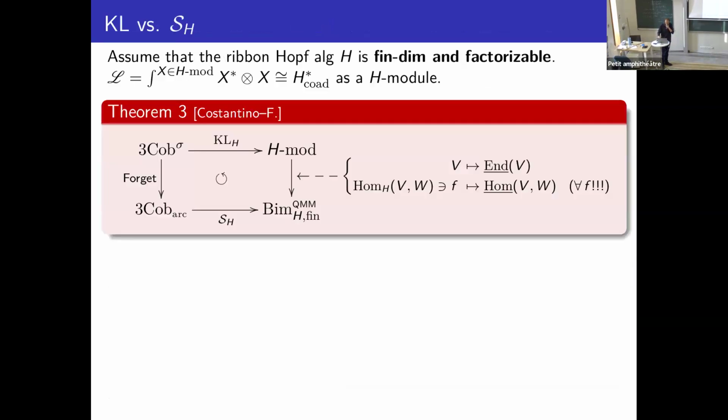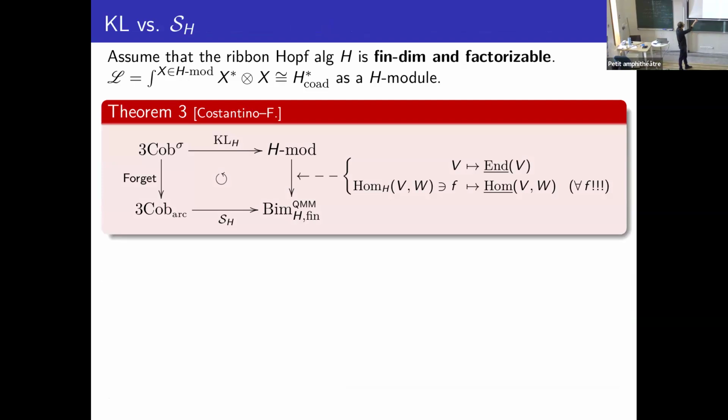And then the relation with us is as follows. So you have this square diagram. You see at the top you have Kerler-Lyubashenko TQFT, at the bottom you have the stated skein functor. On the left column, you have a forgetful functor, because for Kerler-Lyubashenko, you need cobordisms with more structure, okay, with extra data. And on the right, it is interesting.